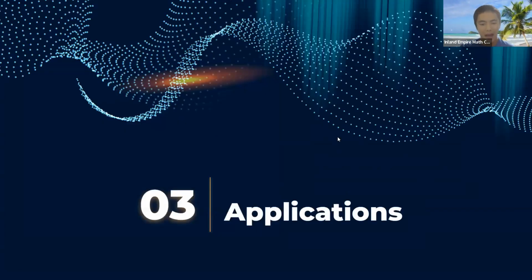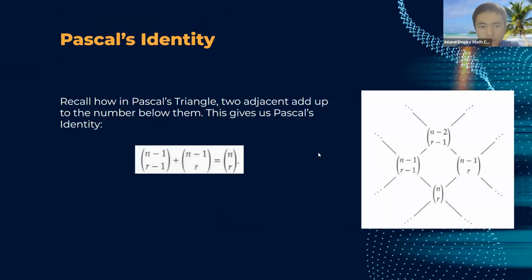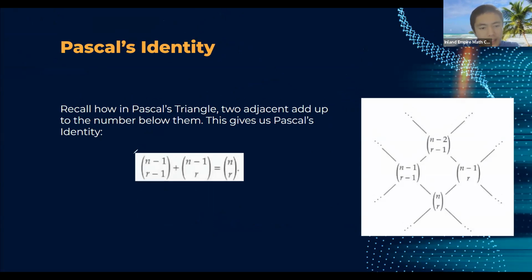Okay, finally, applications of Pascal's triangle, the exciting part. First of all, Pascal's triangle gives us a really cool identity in combinatorics. And this is known as, hint, Pascal's identity. That identity is written here.